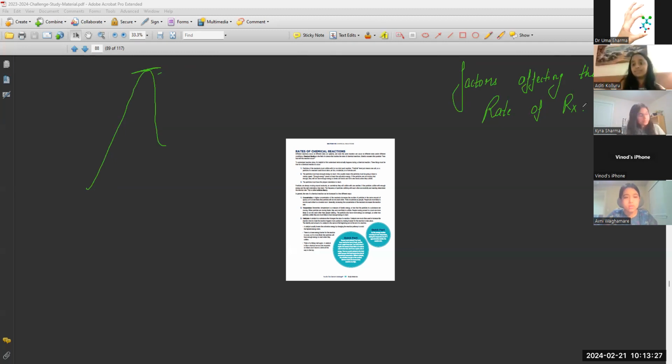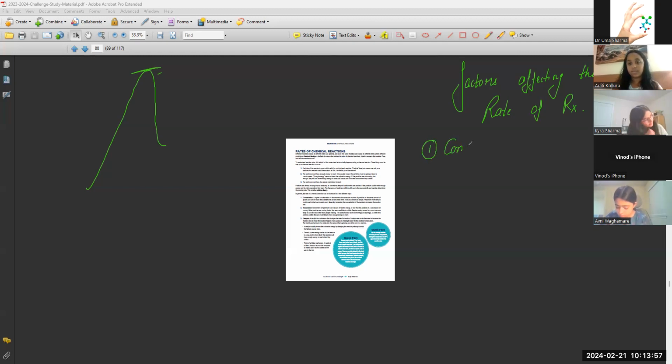Avni, do you think without collision there would be a reaction? No. So that's the first condition. Even if I give you one molecule undergoing some reaction, collision is a must. Without collision, no reaction.